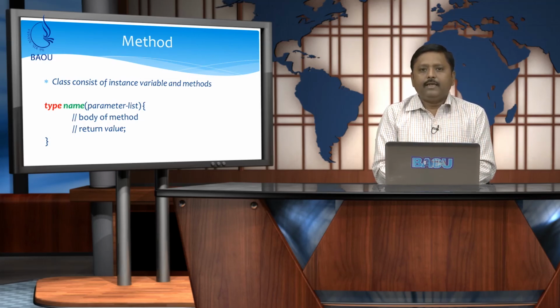So, a method has 3 important components: return type, method name and parameter list. Return type may be void or any type including object, and parameters are optional and we can have any number of parameters, and each parameter is specified by type and parameter name, and if a method has more than one parameter, they are separated by comma.